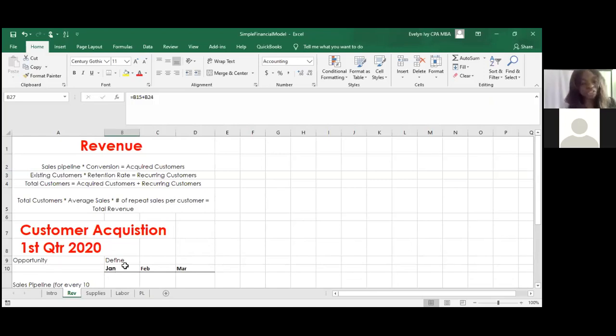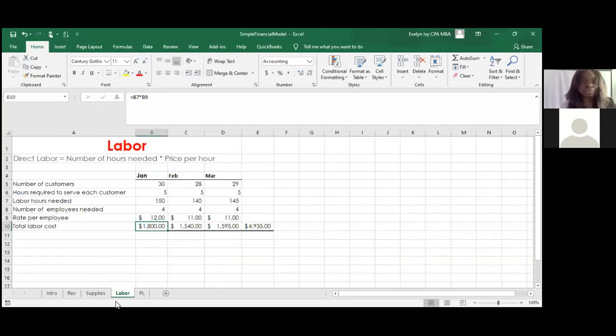So once you have your revenue equation going, and I did not do a full blast, this is just a very simple model. I didn't do a full model that will have different functions. I picked 2 of the biggest costs, which are labor and supplies. Once you have your revenue, your cost should be a function of the amount of work you're planning to do.